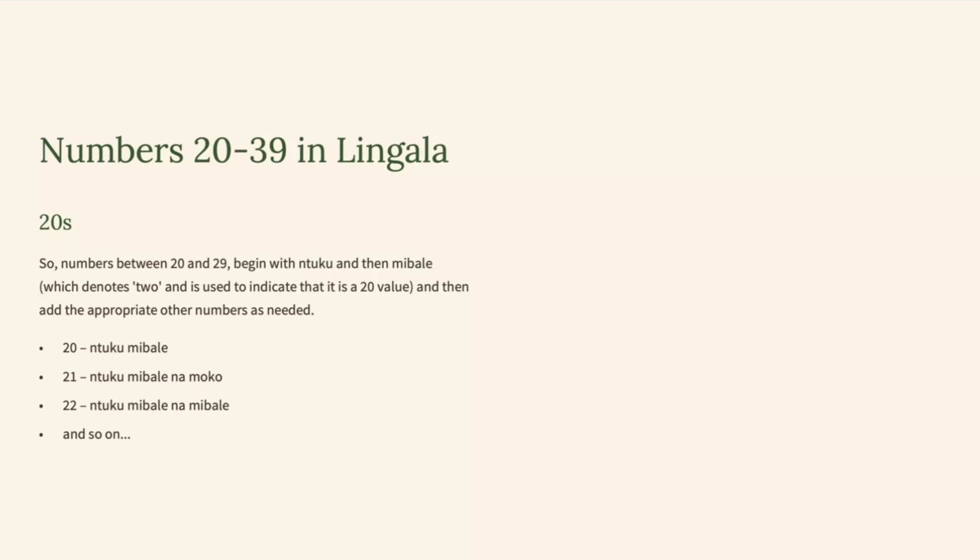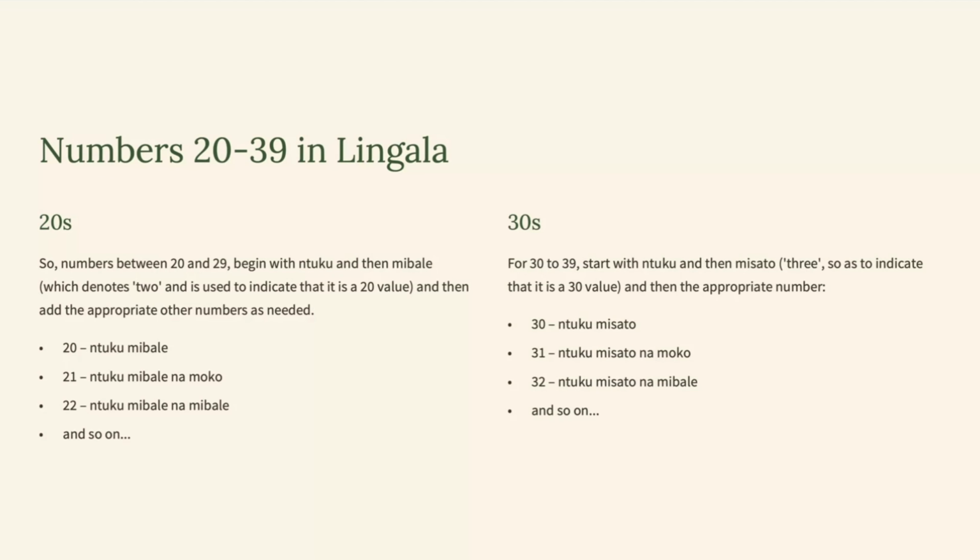So 20 is Ntukumibale, 21 Ntukumibale na Moko, Ntukumibale na Mibale, Ntukumibale na Misato, and so on. For 30 to 39, start with Ntuku and then Misato, 3, to indicate that this is the 30 value, and then the appropriate number. 30 is Ntukumisato. 31, Ntukumisato na Moko. Ntukumisato na Mibale. Ntukumisato na Misato, and so on.